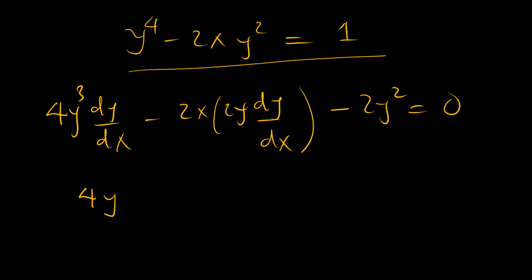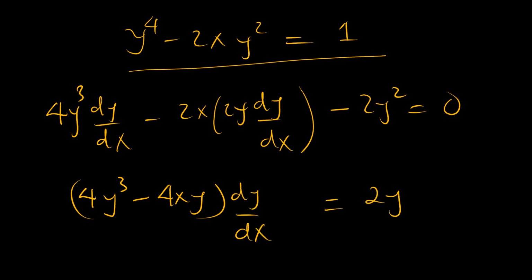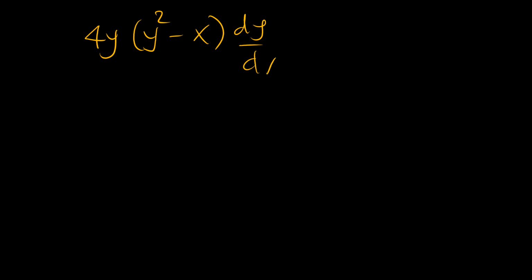So 4y cubed minus 4xy, times dy/dx, equals 2y squared. And so for y, we have y squared minus x, times dy/dx, equals y squared.